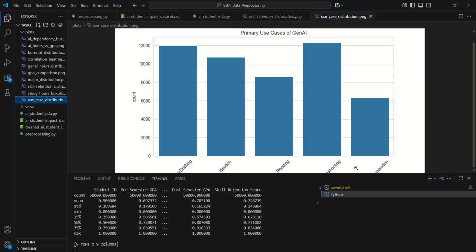It is also very widely used for answer generation, a criterion for which people use Gen AI. But the first and topmost thing for which people use it is troubleshooting.